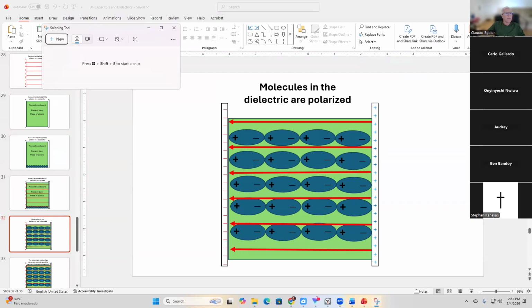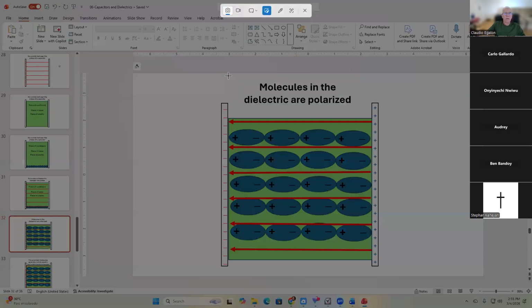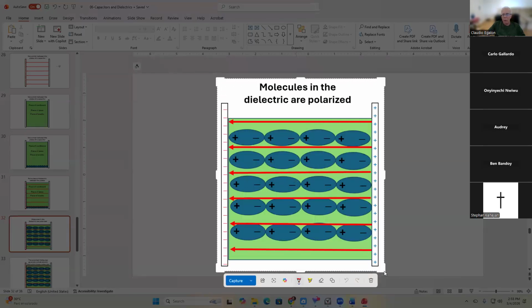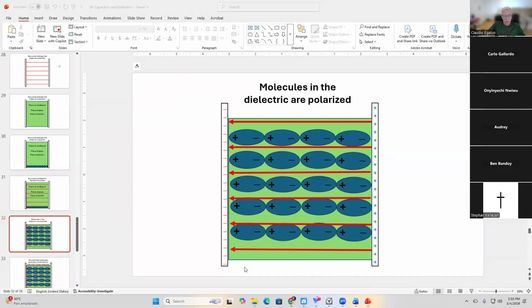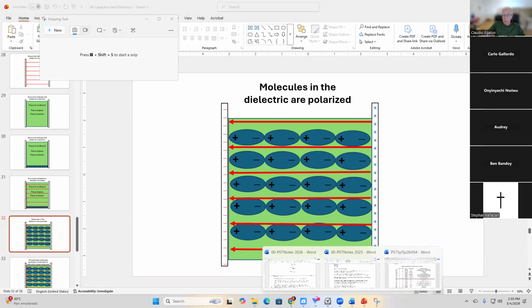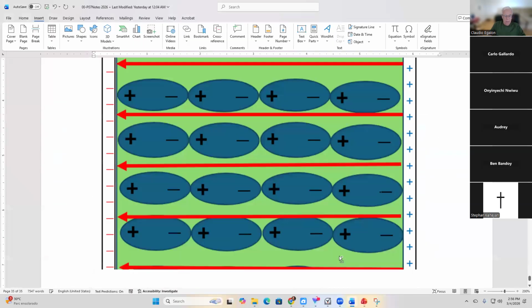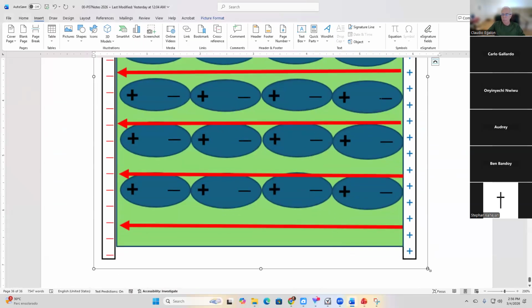Instead of capture, I'm going to do copy only. Okay, now we should have a copy. Here you go, like that. Yeah, see?